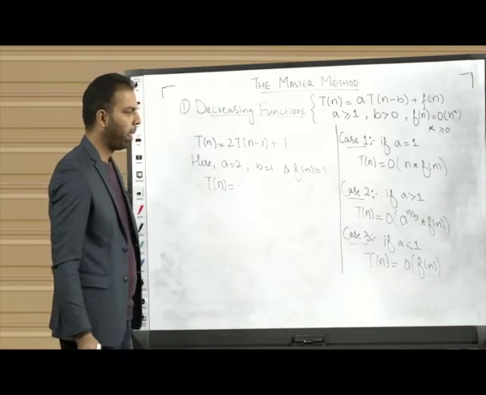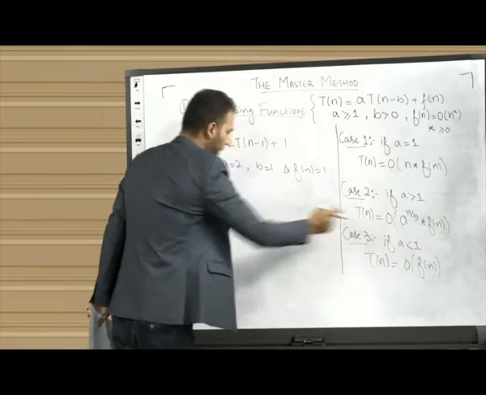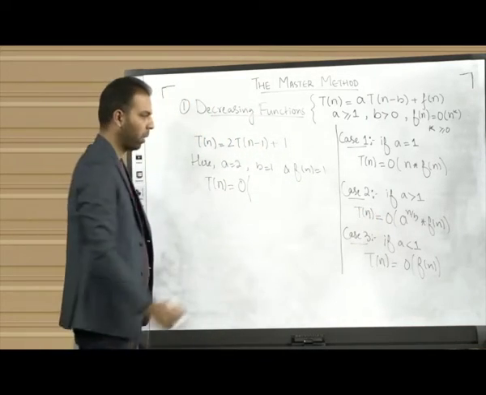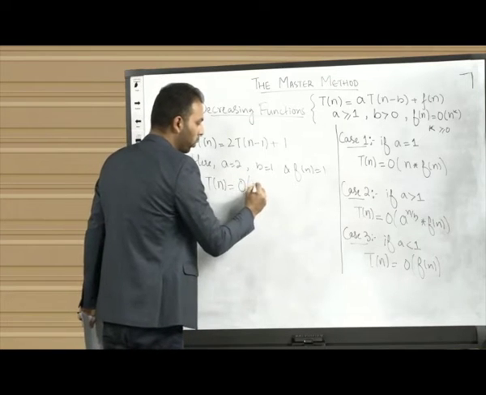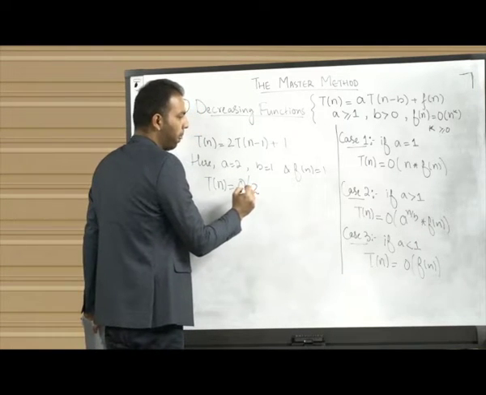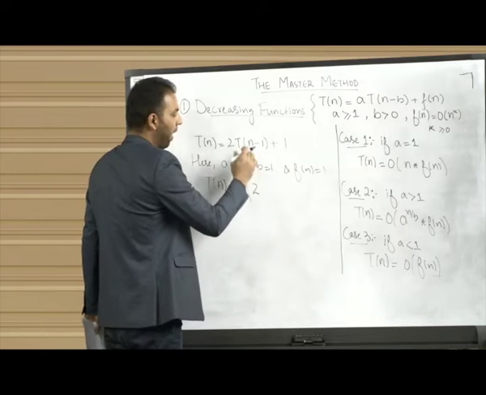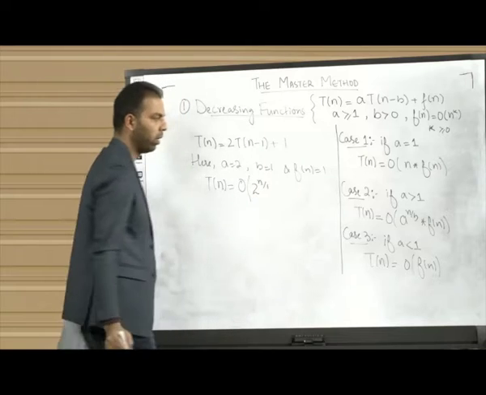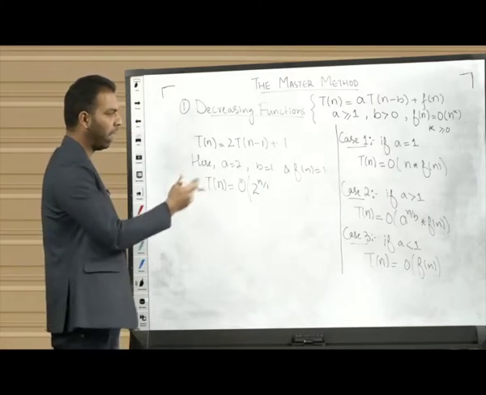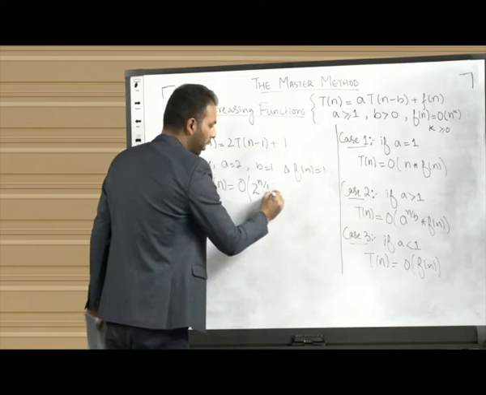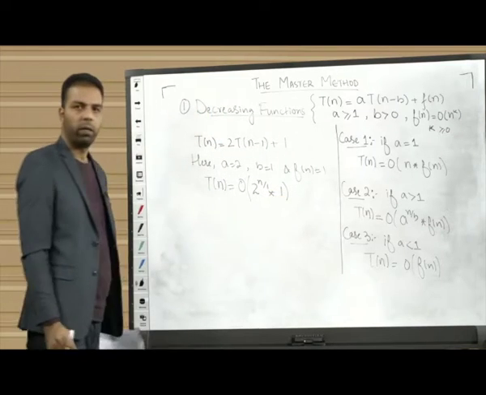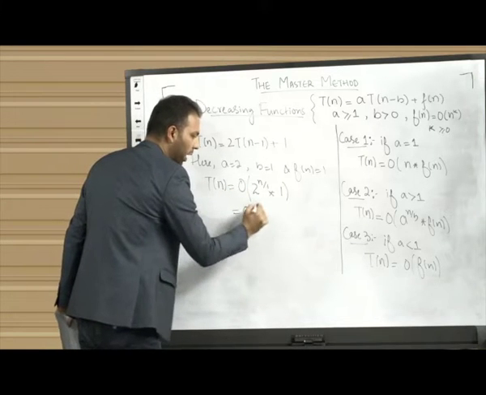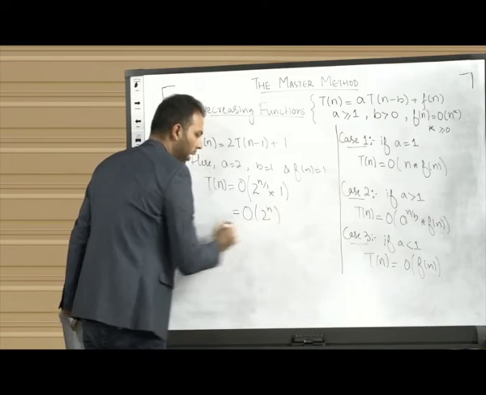So T(n) will be equal to order of A raised to the power n by b. What is A? A is 2. 2 raised to the power n by b. What is n? N is here n and b is 1. And your f(n) is 1, so multiply it by 1. So what does it give us? It gives us simply that your T(n) is order of 2 raised to the power n.